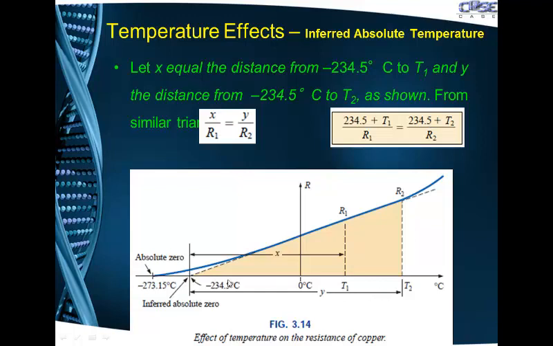And if this is a straight line, then the ratio of x over R1 and y over R2 would be constant and would be equal.